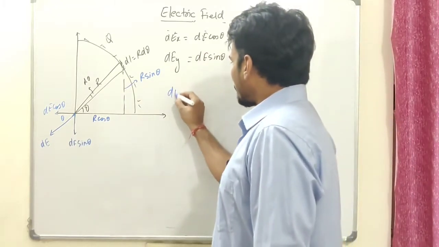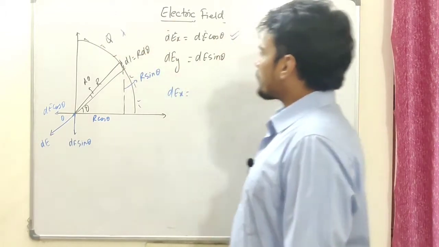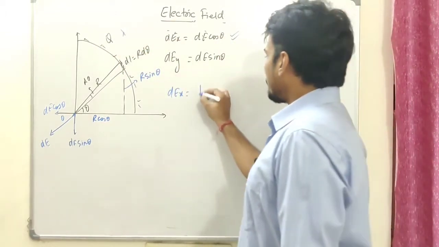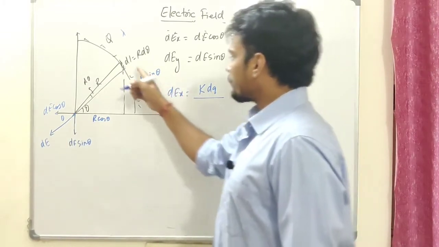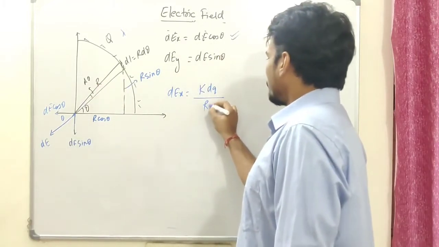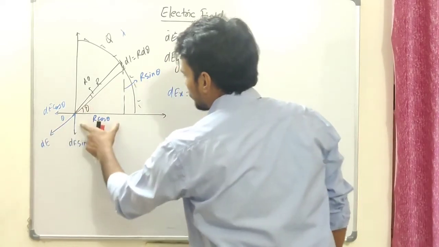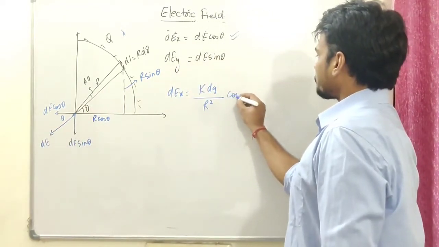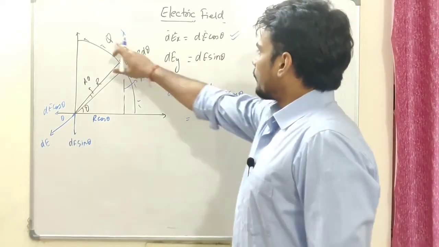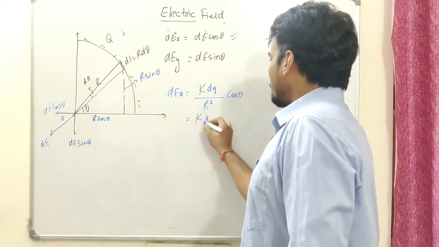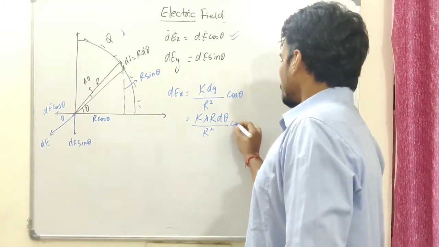Now let's talk about dEx first. Lambda is the linear charge density here. So dEx should be k dq over distance r square times cos theta. Now dq should be lambda times dl, that is k lambda r d theta over r square cos theta.